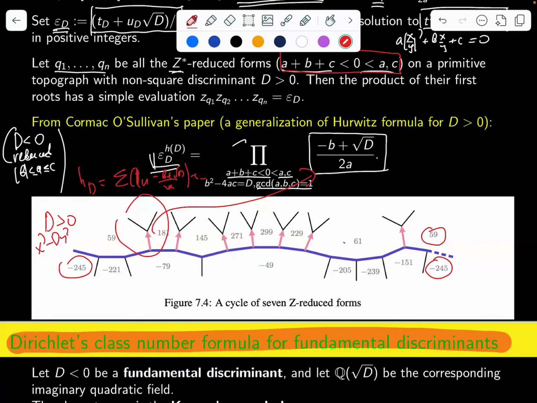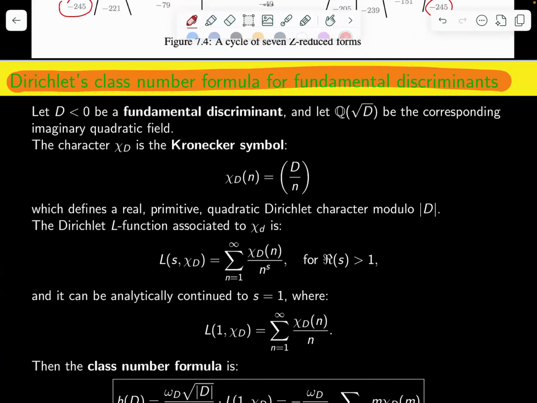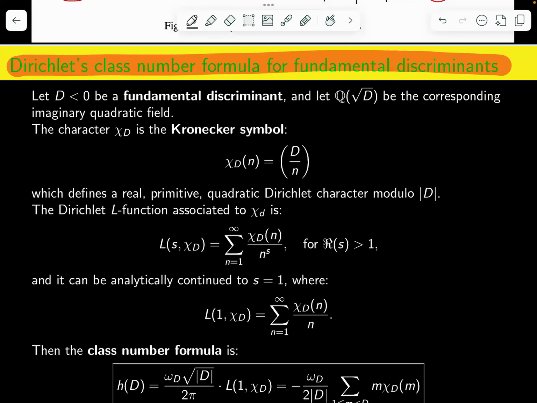Now let's look at other formulas which are known, which were used before. So the classical number is as follows. If you have a fundamental discriminant, so that's d which is 1 mod 4, or 4 times something which is 2 or 3 mod 4, let Q of square root of d be the corresponding imaginary quadratic field.